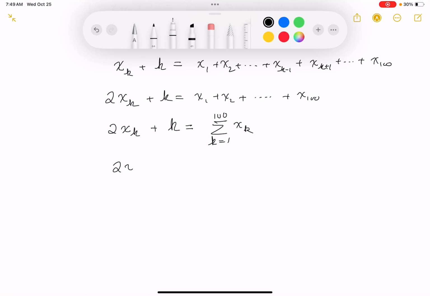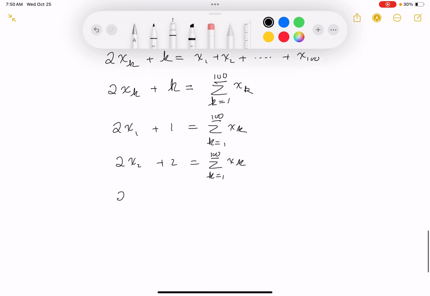You could write down 2x1 plus 1 is equal to this. And you can put the next one down: 2x2 plus 2 equals this. You could write the next one down. Whoops, I didn't mean to do that.